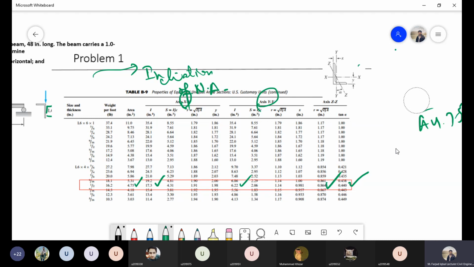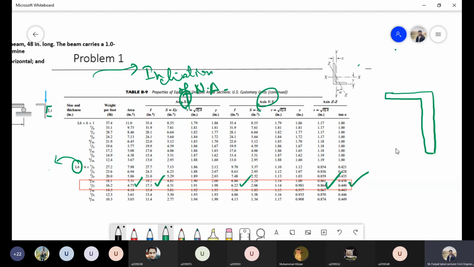Okay, now let's just finalize the dimension of our section. For example, in our question, okay, one thing I missed: in this designation of this particular section, this first term over here represents the total height of this section.